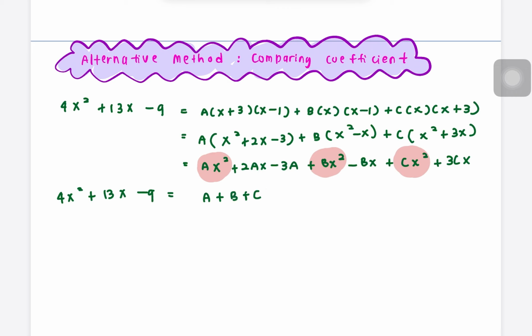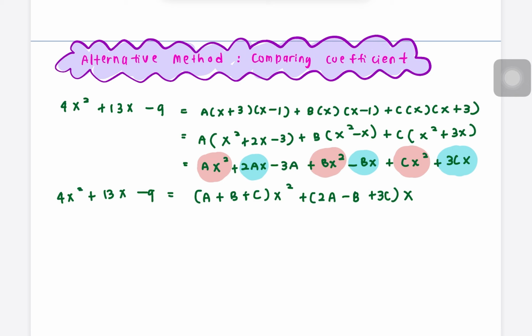Okay, so right now we want to compare the coefficient for x squared. So what is the coefficient for x squared? This is a plus b plus c. Let that one be your first equation, the coefficient for x squared. You just compare: 4 is equal to a plus b plus c.